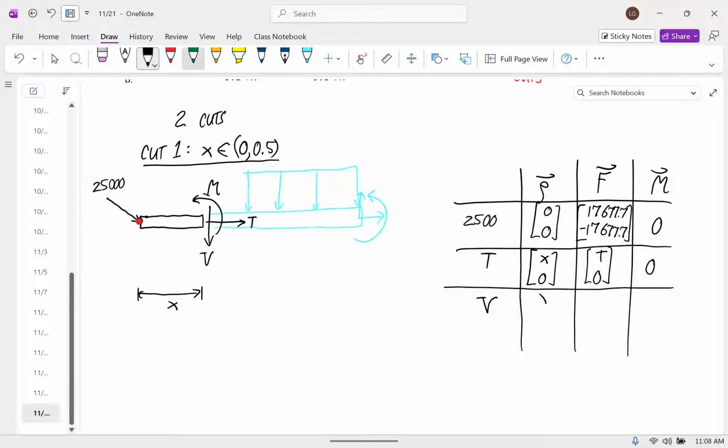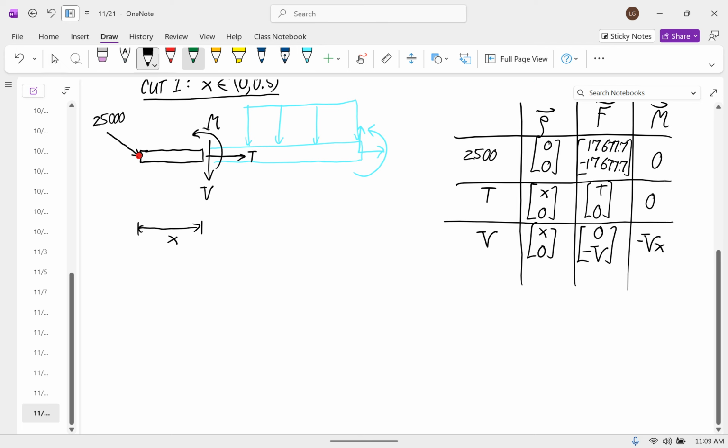Then the shear force: row vector is x, 0. Force is 0, negative V because it's downward. Cross product is negative Vx. Then last is the moment M.